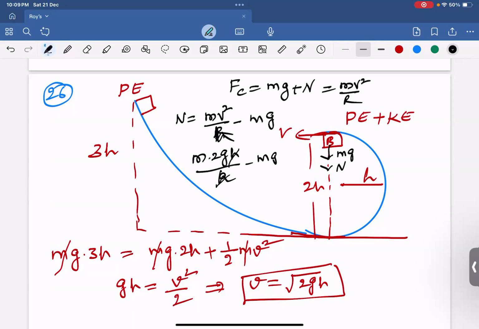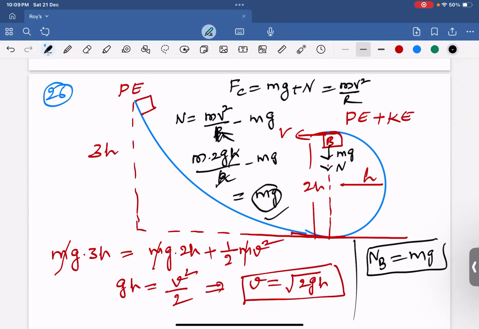H has cancelled, 2mg minus mg. My answer is coming mg. That will be the normal force at B. Normal force at B should be mg. Please understand this question step by step, Neil. Yes, sir. Sure.